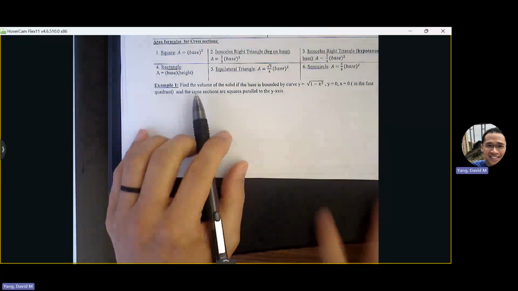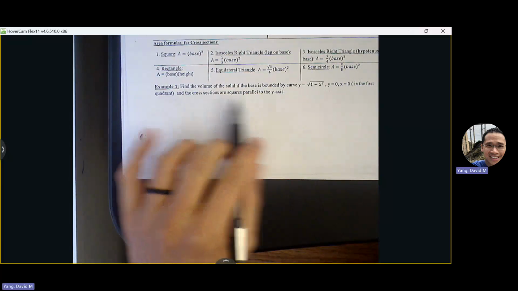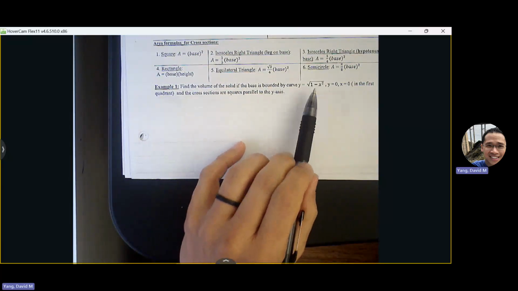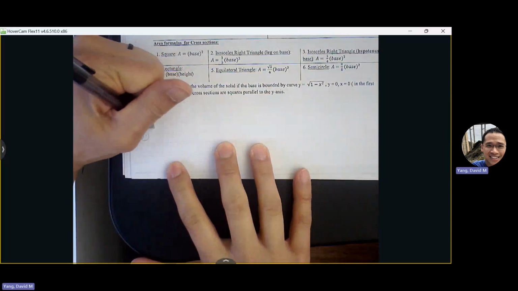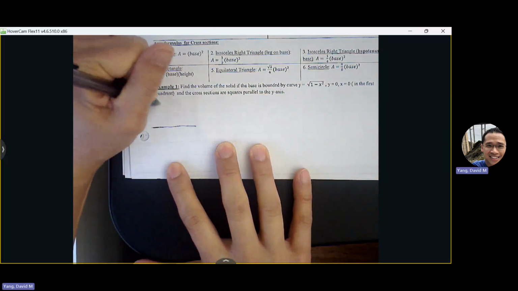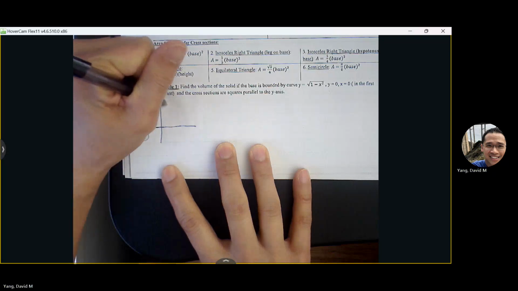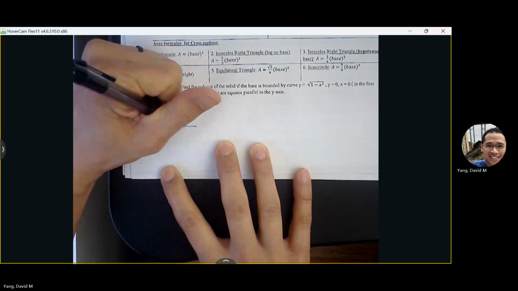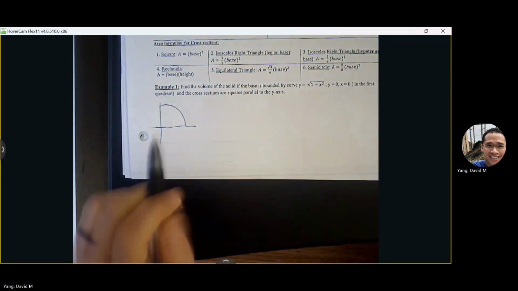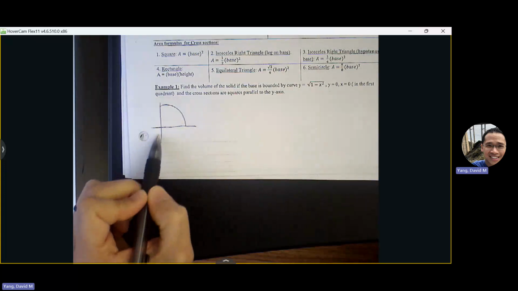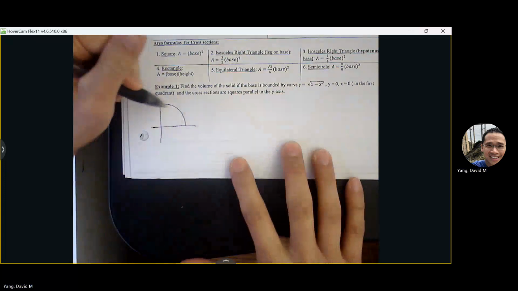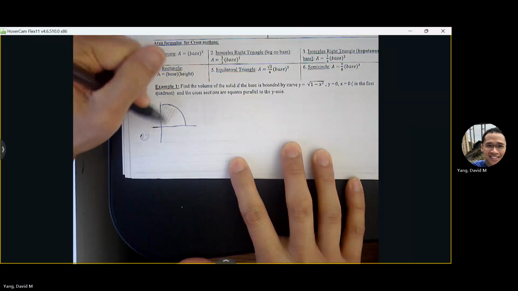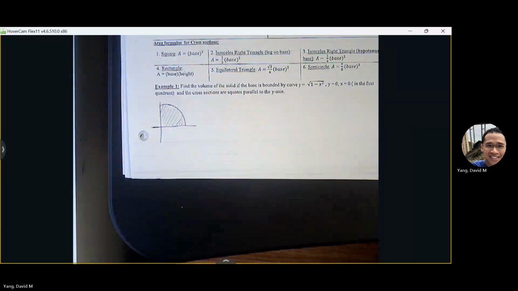Example one: find the volume of the solid that's bounded by the curve y equals root of 1 minus x squared, so something like this, y equals 0 and x equals 0. So we have our shaded region here in the first quadrant, and the cross sections are squares.